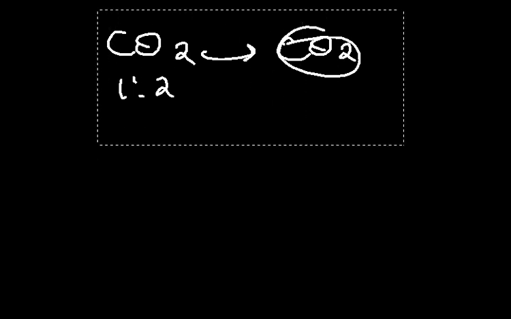So keep that in mind. And let's say we have NO2. What is the empirical formula for this? The empirical formula is NO2 as well. So keep that in mind. And also try to find the empirical formulas.